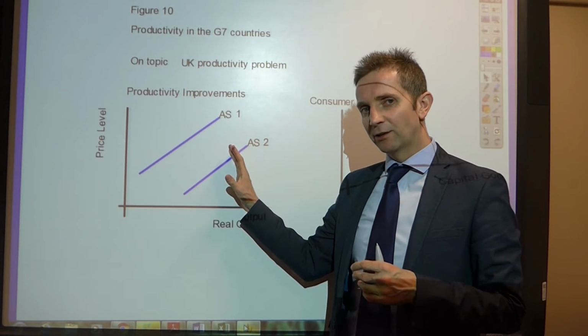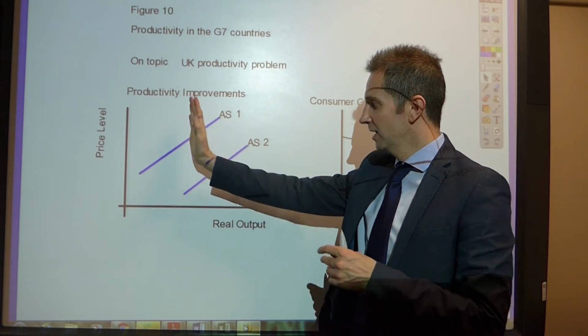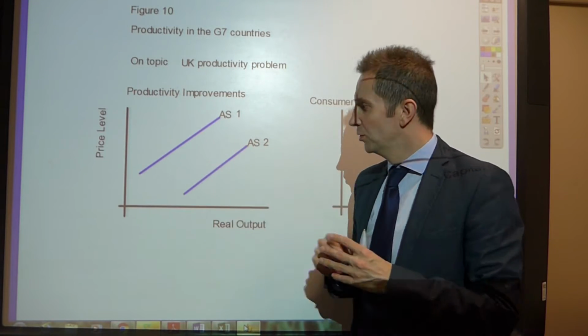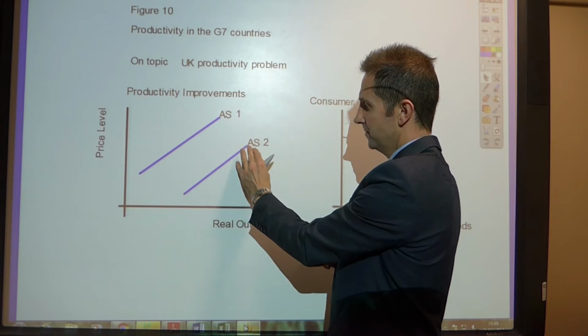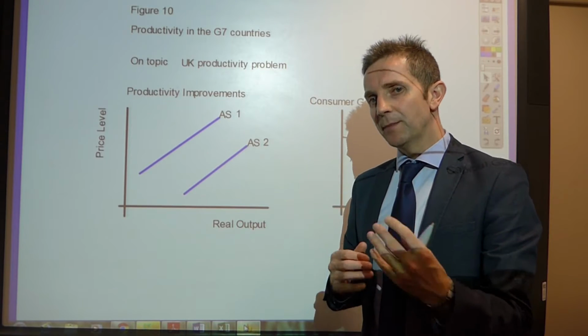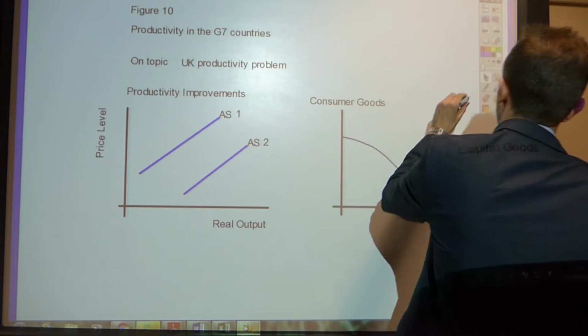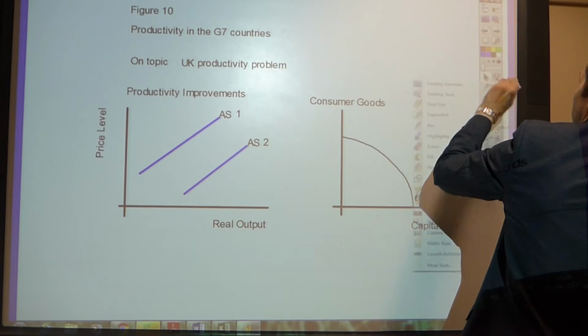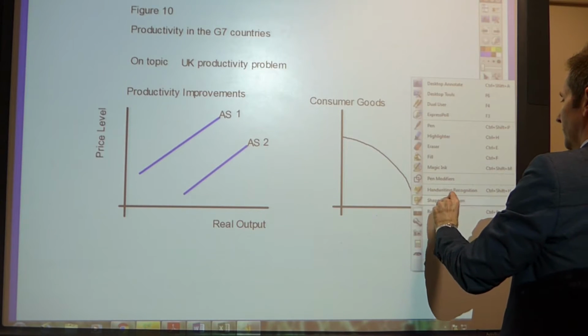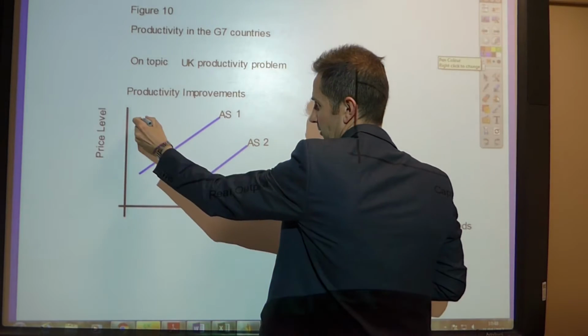By way of a diagrammatic analysis of that, that means that your aggregate supply curve is shifting downwards and to the right. So AS1 is shifting to AS2. Now, why is that beneficial, ladies and gentlemen? Well, to see why it's beneficial, we need to add an aggregate demand curve to this diagram.